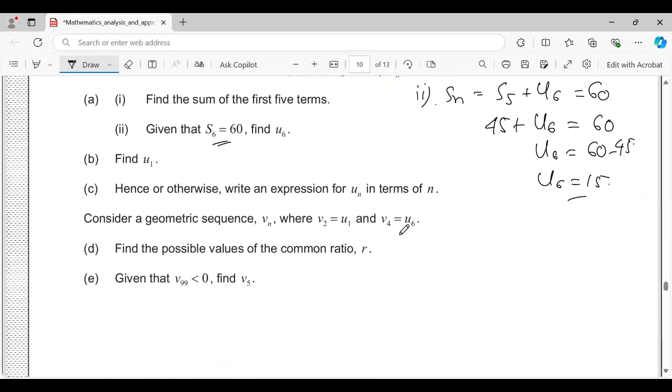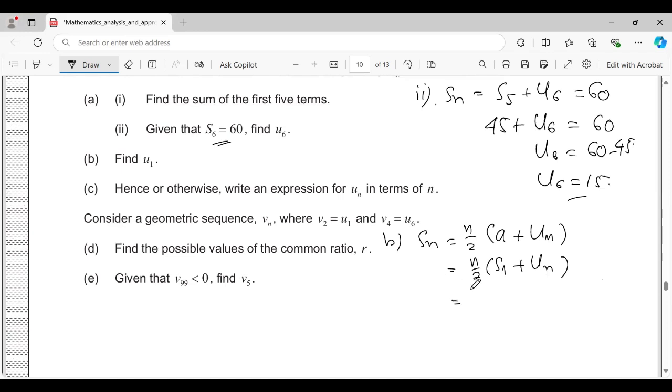Now D. Find U1. So Sn equals n half multiply by U1 plus Un.